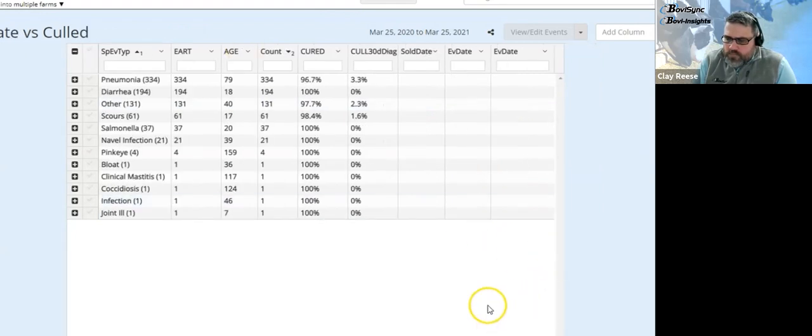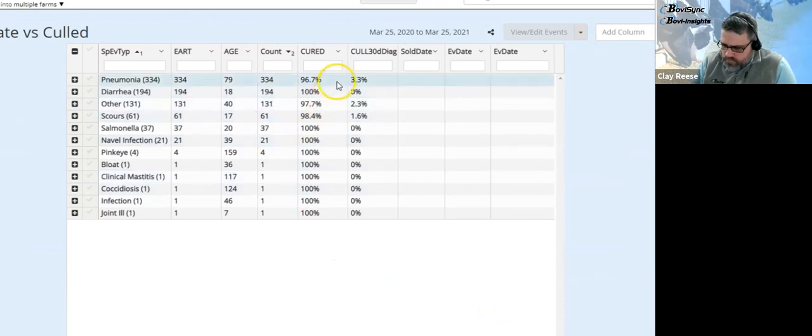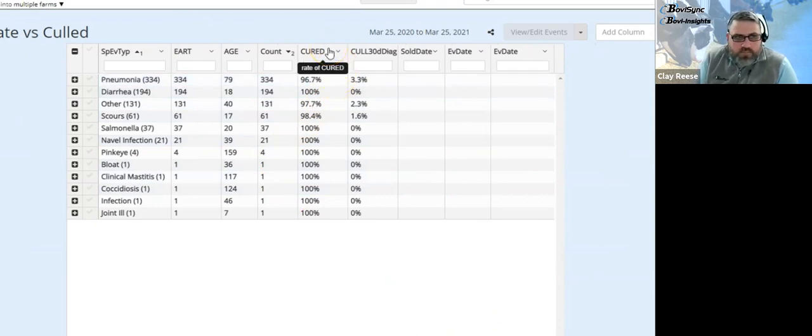Related to that would be something along these lines, where you are able to look at specific diagnoses that occur and then have a representation of what percent of these animals survived for 30 days and how many were culled.